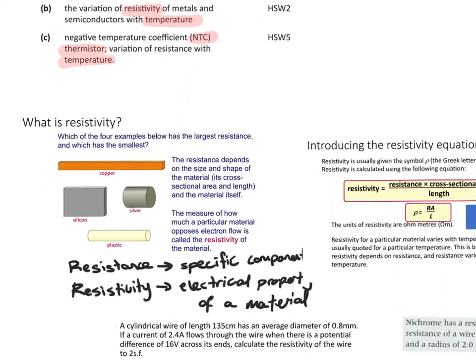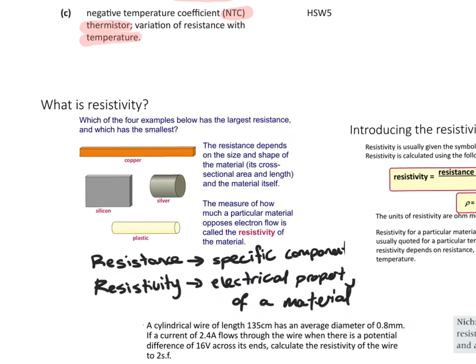Okay, so what is resistivity? Well, as you can see in the picture here, you have different items, different metals or semiconductors and insulators. They all have different shapes, different cross-sectional areas, and so on.